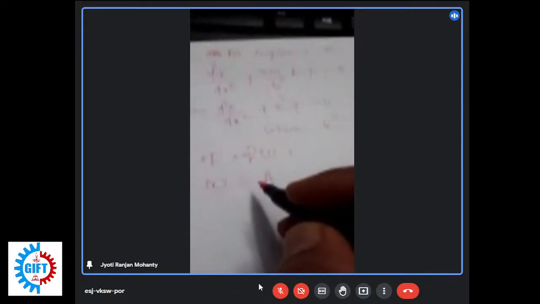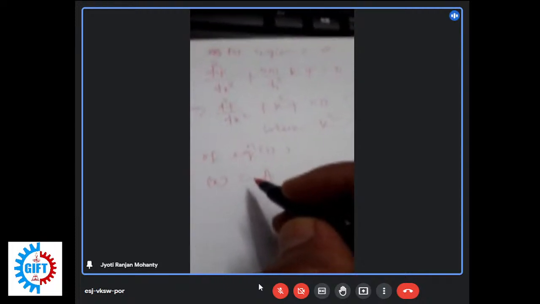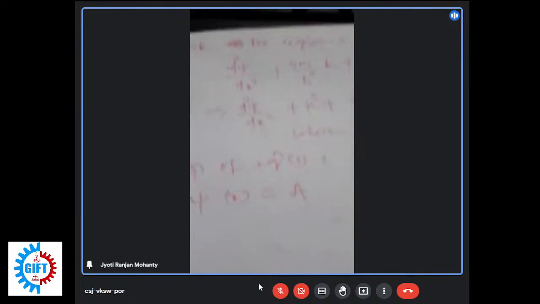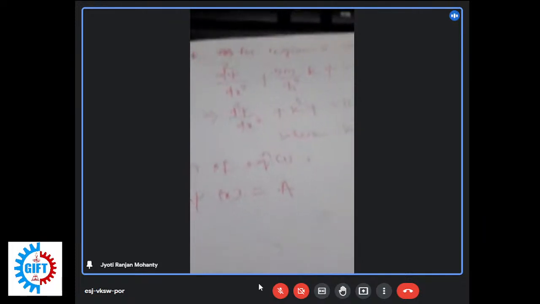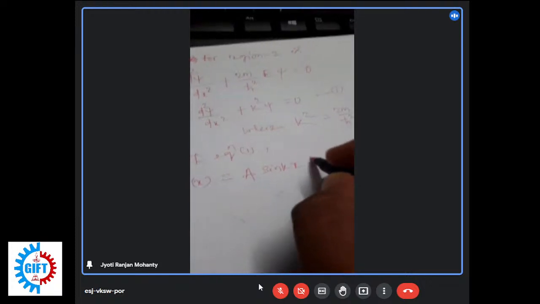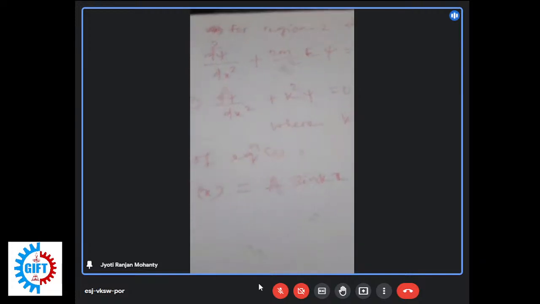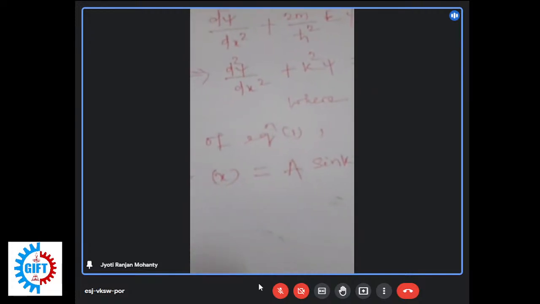The solution will be psi x is equal to a e to the power ikx plus b e to the power minus ikx. Since I have used e to the power ikx, now I want to take it in terms of trigonometric function. So psi x is equal to a sin kx plus b cos kx. You can also take it in terms of exponential, no problem.